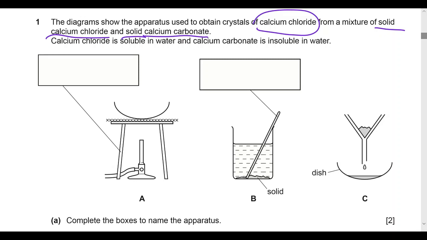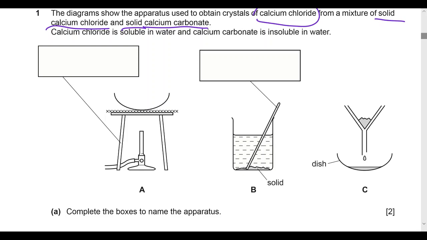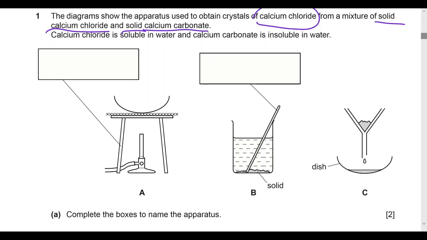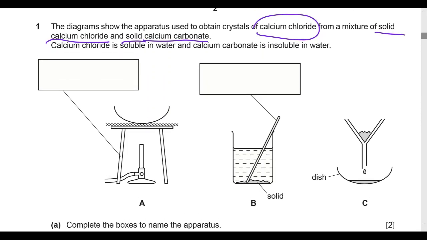In question number 1, complete the boxes to name the apparatus. Here is the name of the apparatus in diagram A. It's very clear, it's a tripod, which is a stand.